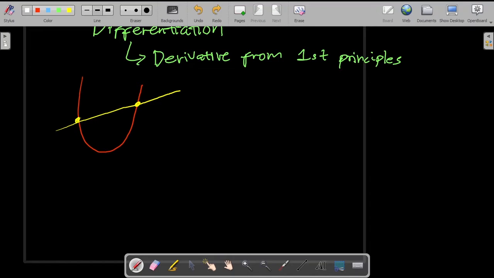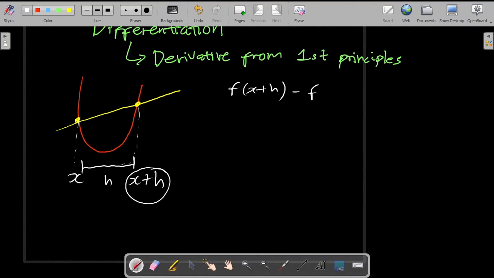So it looks something like this. To find the average gradient, we basically said that if we have a point x here, we travel by about h units to get to x plus h, right? And we are going to subtract the y value at this point from the y value at this point.